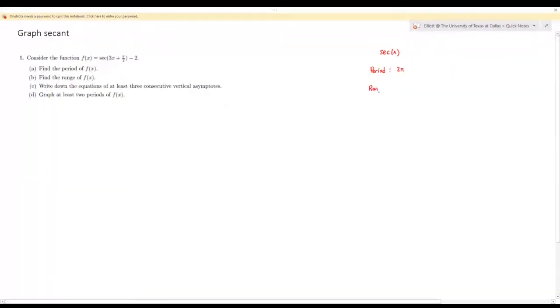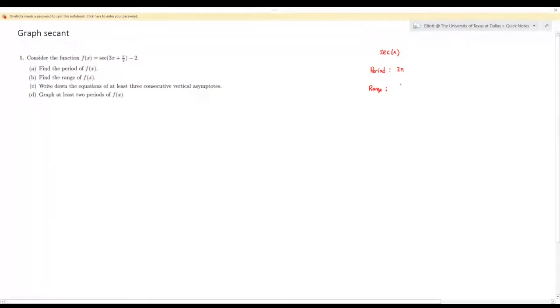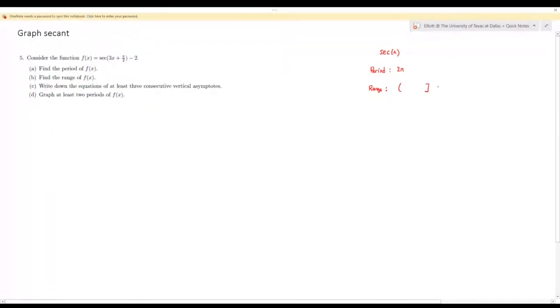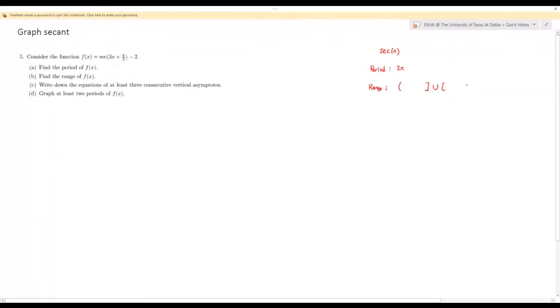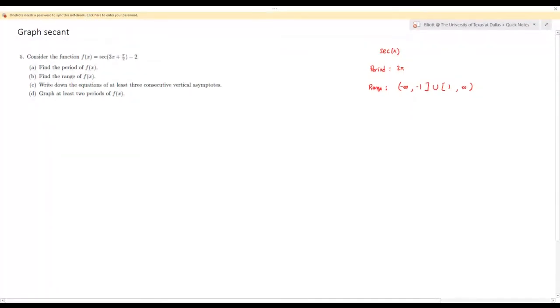Who remembers what the range of the ordinary secant function was? Okay. So the secant function had a range from -infinity to -1, and then also from 1 to infinity.